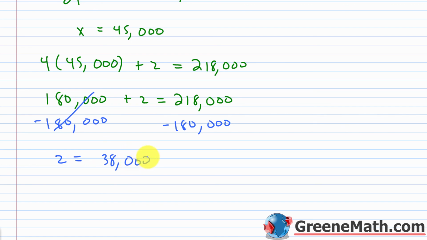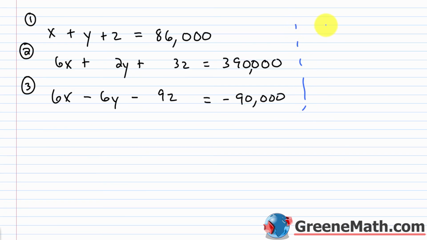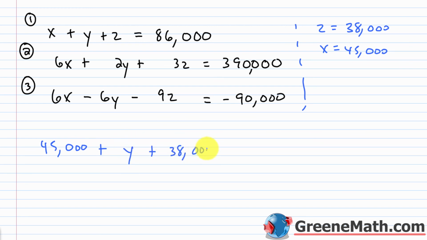All right, so now I know x is 45,000. I know z is 38,000. Let's just plug that into equation 1. So we'd have 45,000 plus y plus, for z, 38,000. This equals 86,000.